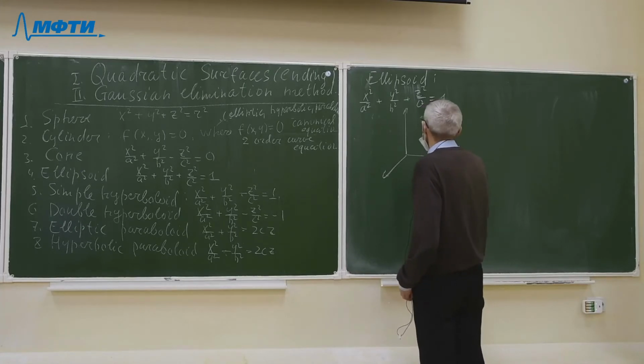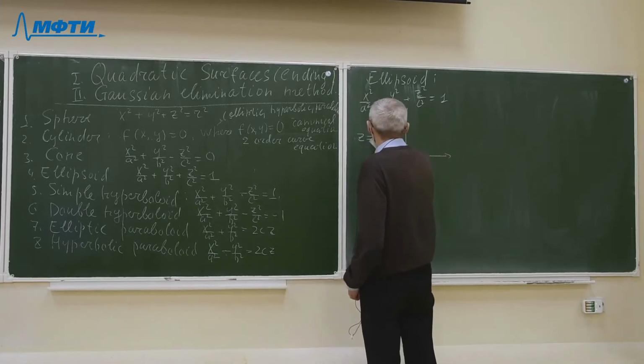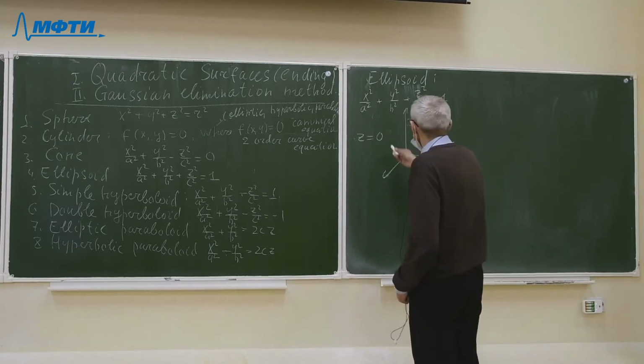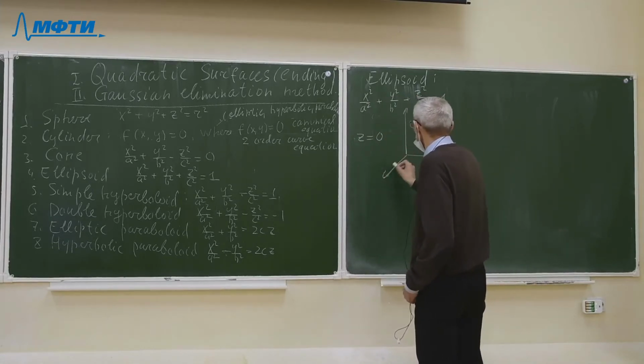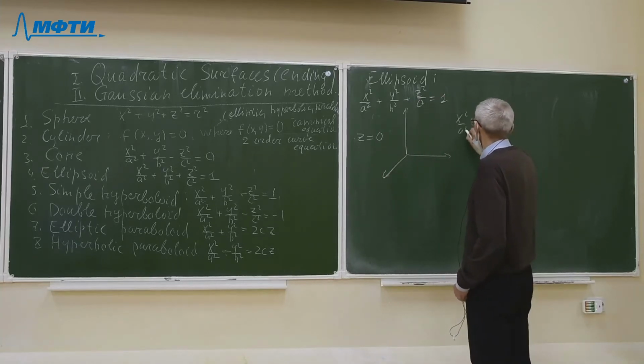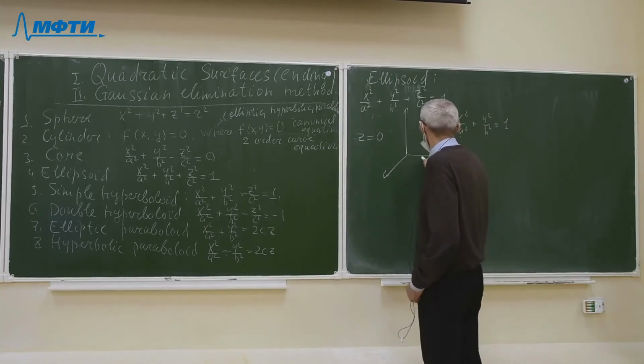For example, I can consider the coordinate plane z is equal to 0, and in this plane we obtain the equation of an ellipse with parameters a and b.